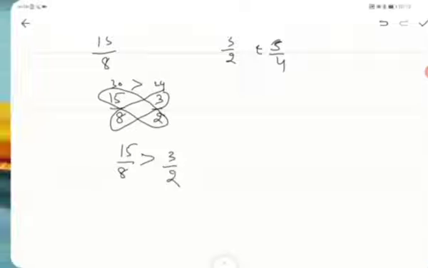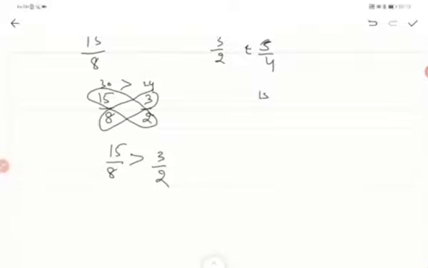This is 30, and here 8 times 3 is 24. So 30 is greater than 24. This is an improper fraction, isn't it? So that means the product 15 by 8 is greater than the individual improper fraction.